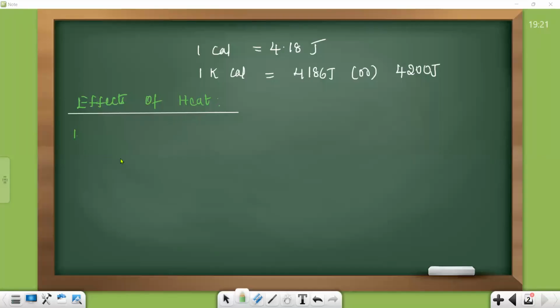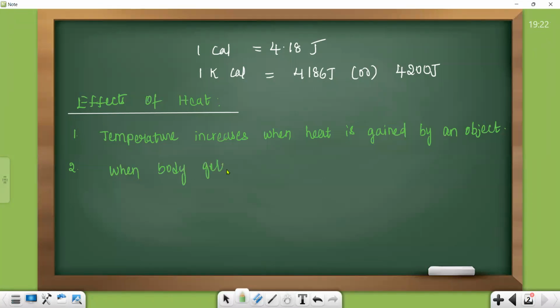So effects of heat. When heat is gained by an object, its temperature increases. When the object gets cooled, what happens to its temperature, students?